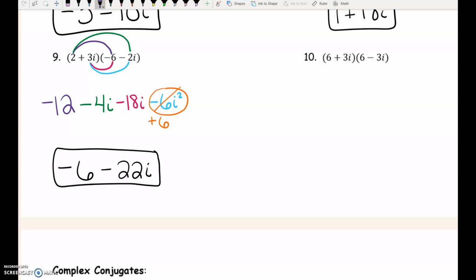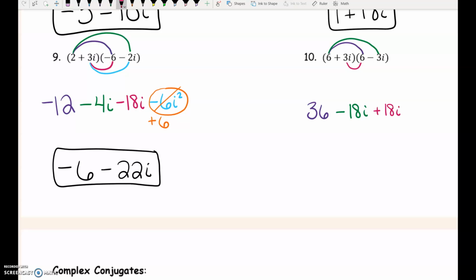Okay, if you haven't already started number 10 on your own, you can work on that. 6 times 6 is 36. 6 times -3i is -18i. 3i times 6 is +18i.